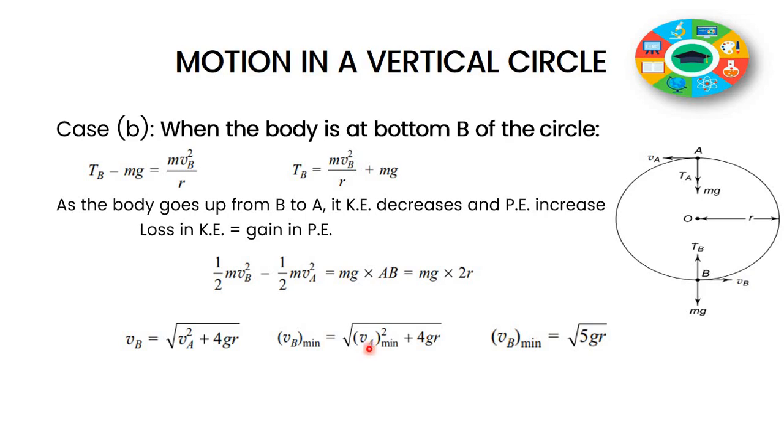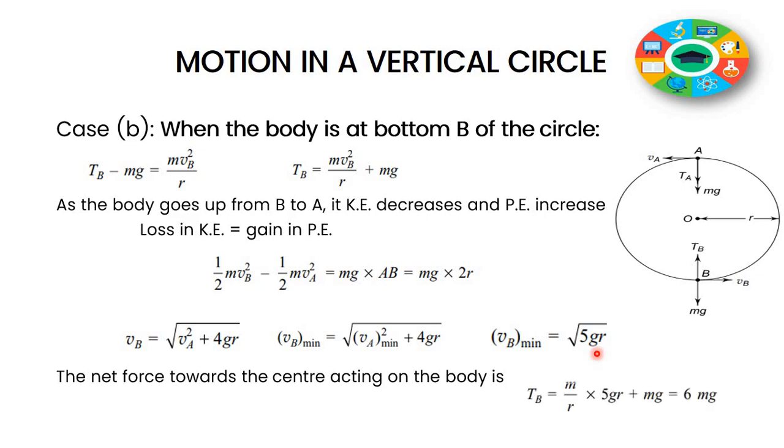So we substitute here, and overall vB minimum is equal to root 5gr. Now, the net force towards the center of the body is TB equal to mvB square by r plus mg. Already vB square is given as 5gr, so we get 6 mg.